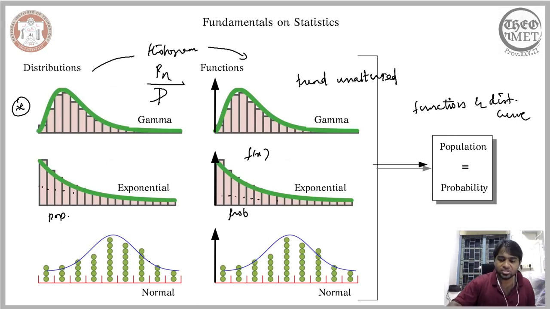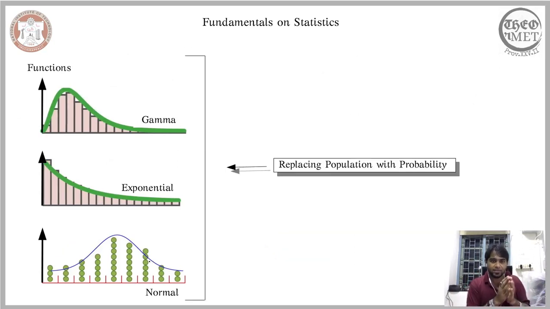So what essentially we have now is a function for the different distributions. We have created a function for gamma distribution, a function for exponential distribution, and a function for normal distribution by replacing the population with the probability. And again, the whole reason we are doing this is because we want to calculate the probability based on the curves.